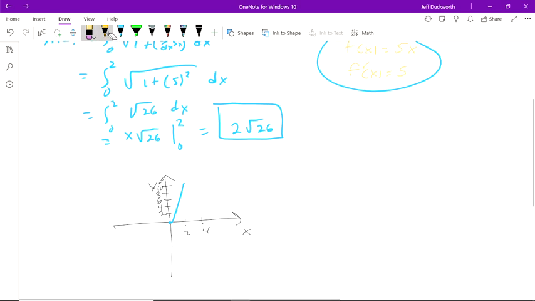Let's just do this as a trig question. So we note this distance here is 10, and we note this distance here is 2. So the length of this line is what we're looking for.